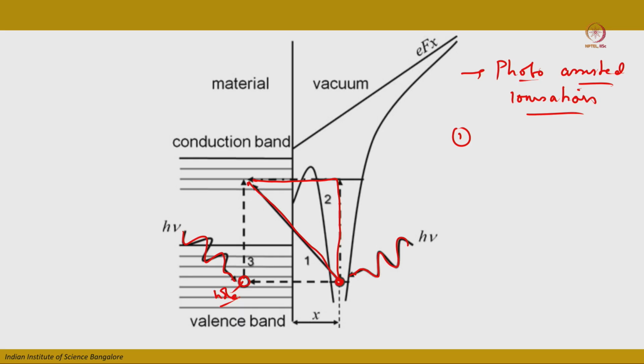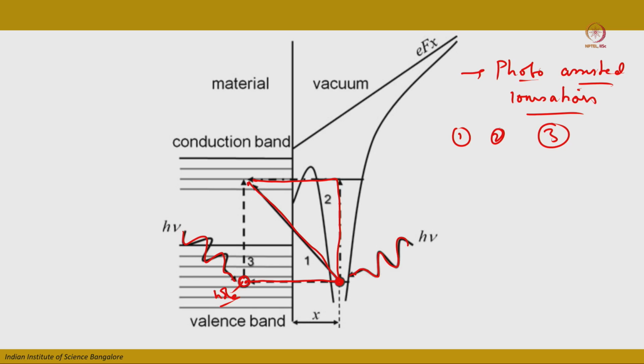The electron from the adsorbed atom will then tunnel towards the hole in the valence band. So the first, second and third are the three paths through which the electron from the adsorbed atom can tunnel into the material.